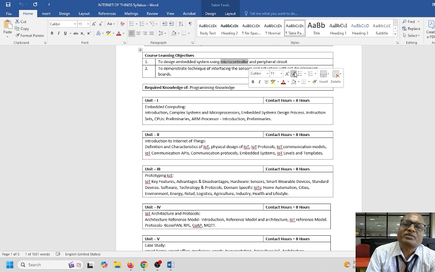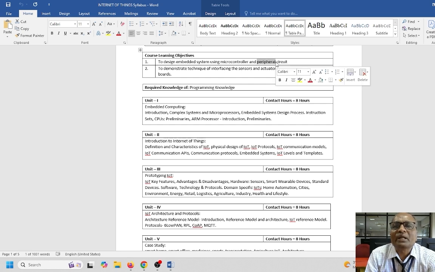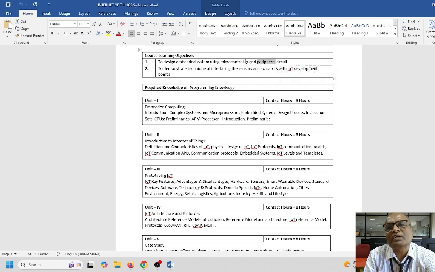Peripheral circuits are associated circuits, like for example mouse, joystick, printer, scanner. These peripheral devices have to be associated with the computer. So the objective is to design the embedded system which is microcontroller oriented.